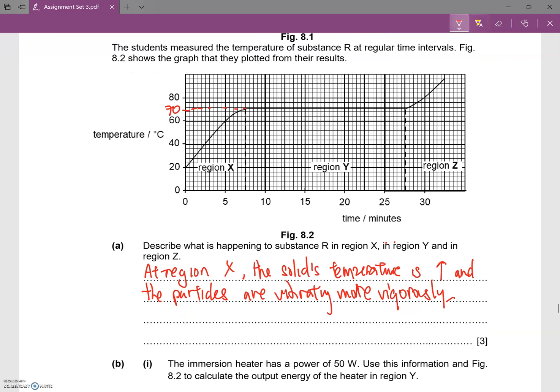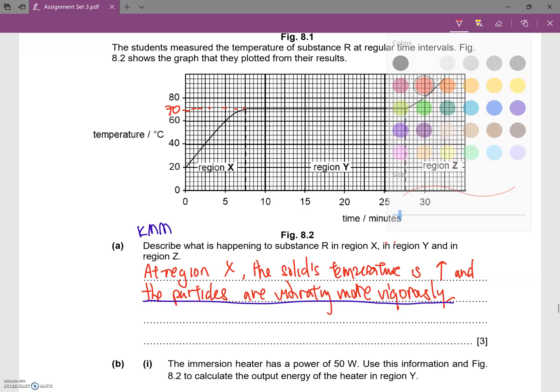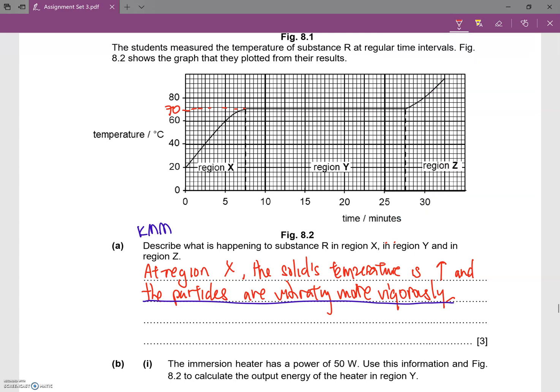Do take note the particles vibrating more vigorously part is not really required because it did not say using the kinetic model of matter. So I'm just writing there a little bit more explanation here.